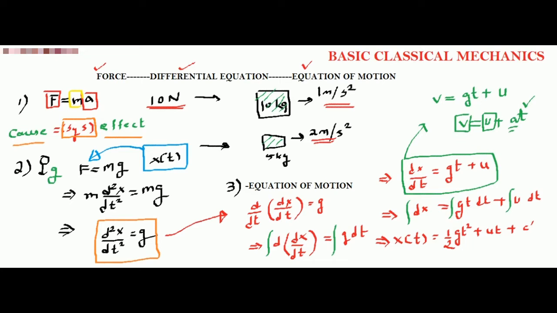Again, dimensional analysis. x has the dimension of length. Velocity into time will again give you the dimension of length. This part is also a dimension of length. So of course c dash must be some length, and it turns out that it is the initial position of the particle.